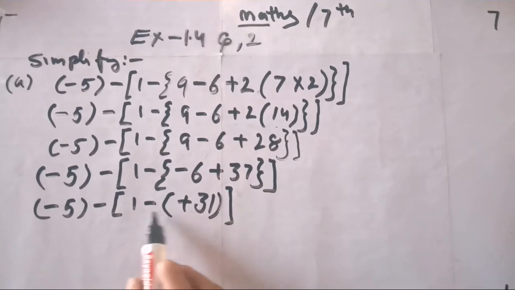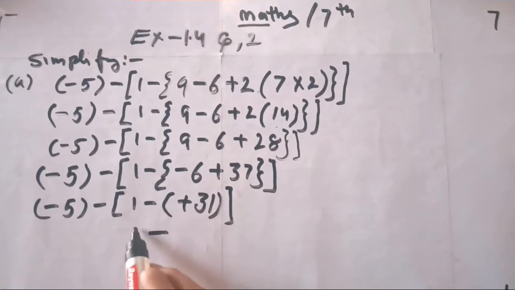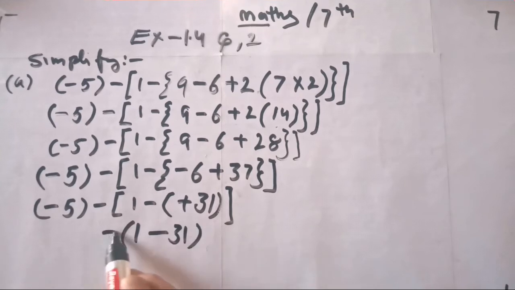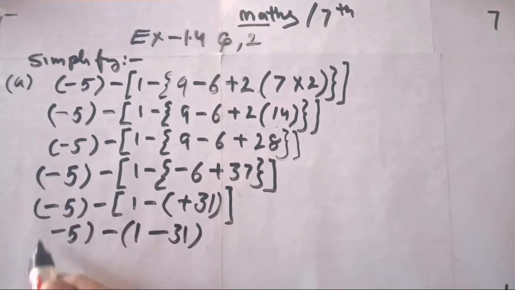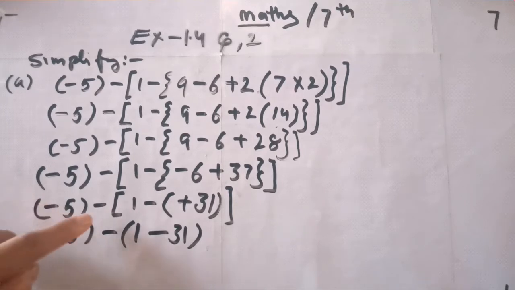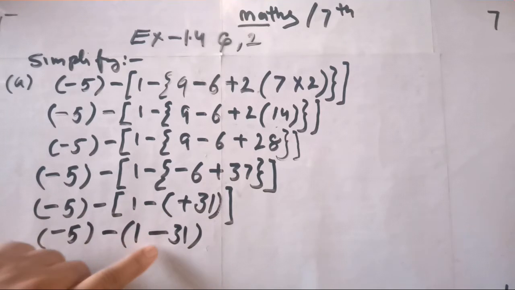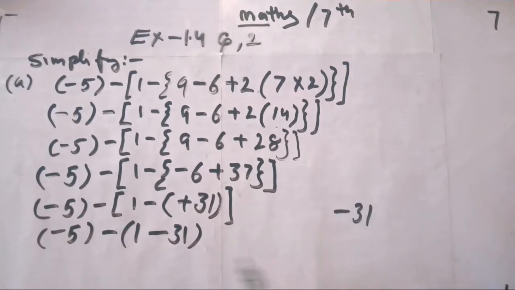Now plus into minus will give a negative sign. So 1 minus 31, and these are brackets, we have minus 5. So minus 5, that is minus bracket begin 1 minus into plus minus. Now minus 31 and plus 1 is equal to minus 30, right?